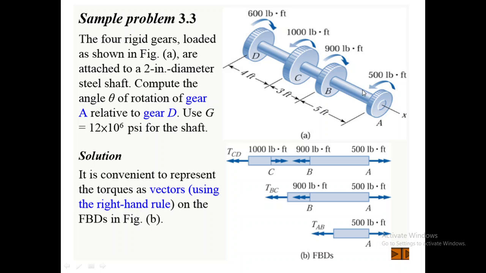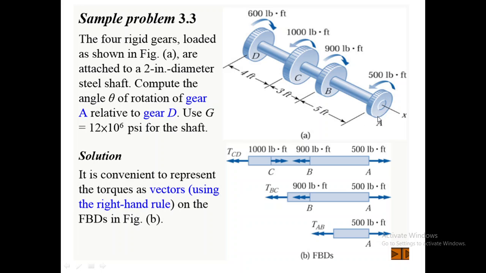So here you have 4 gears A, B, C, D, and the length of the shafts will be different. The position of the gear will be different on this shaft, with a difference of 4 feet, 3 feet, 5 feet. So these are the lengths of the shaft for calculating, and on this shaft we have different torques at different points.